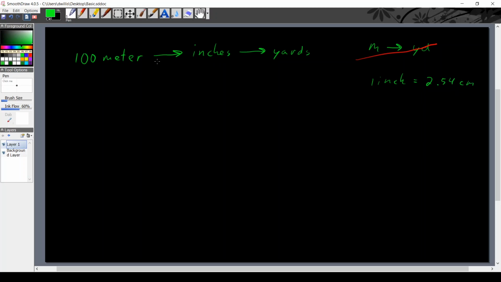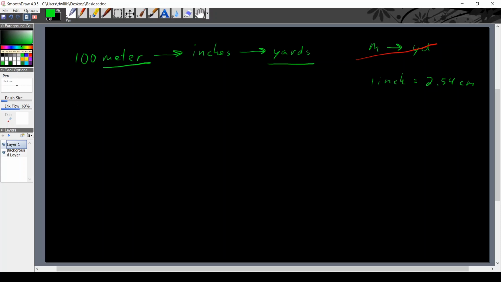And I'm going to say, hey, let's go from meters into yards, okay? We will pass through inches on the way, but we'll say that our actual goal is going to be to go from 100 meters into X number of yards.